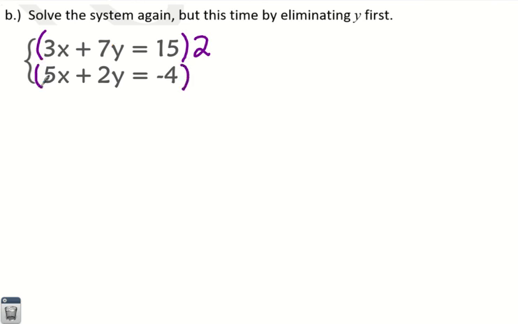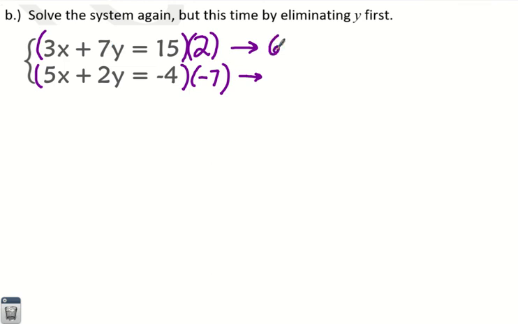And this one's also positive, so I can't just multiply by 7. I have to multiply by negative 7, so that this becomes a positive 14y, and this becomes a negative 14y.